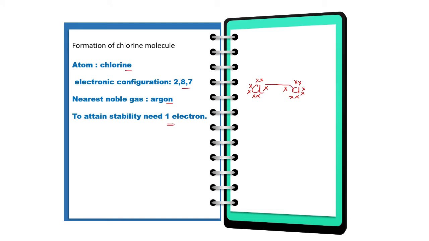Each of the two chlorine atoms will contribute 1 electron each to have a single shared pair of electrons between them and result in formation of a single covalent bond.